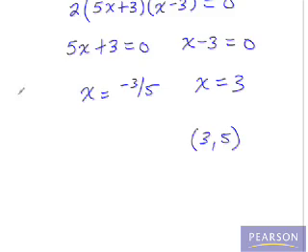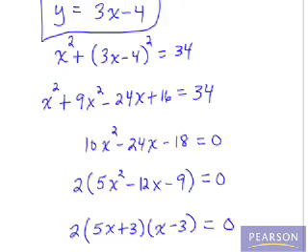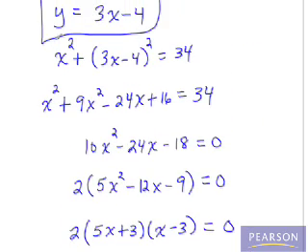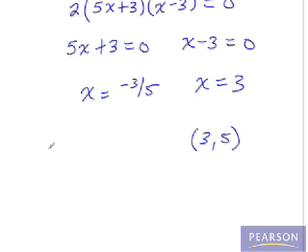And now we'll let x be negative 3/5. So y equals 3 times negative 3/5 minus 4. And now we'll do the arithmetic.